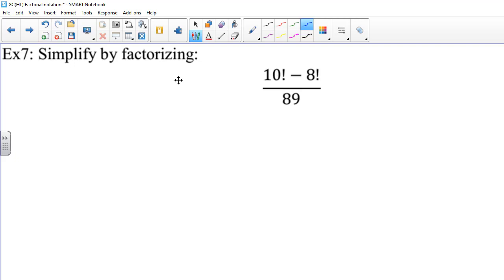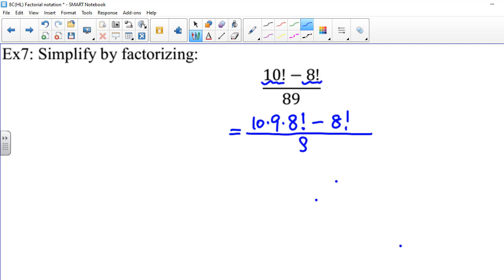Let's simplify by factorizing. Based on what we have done in example 6, I hope you have more ideas for these two factorial symbols. 10 factorial means 10 times 9 times 8 factorial, minus 8 factorial, divided by 89.